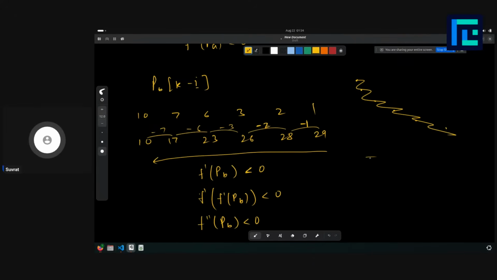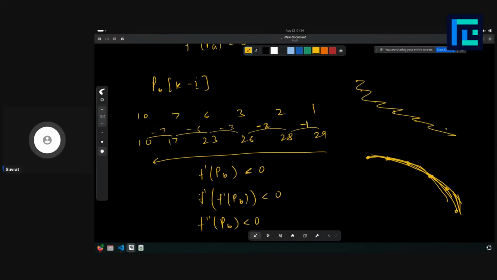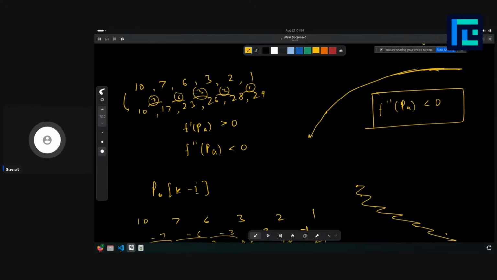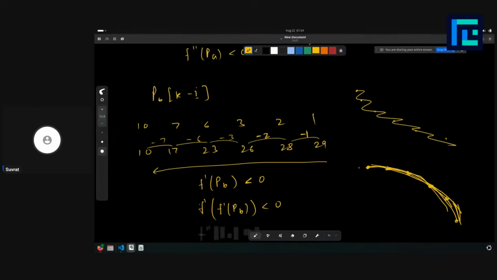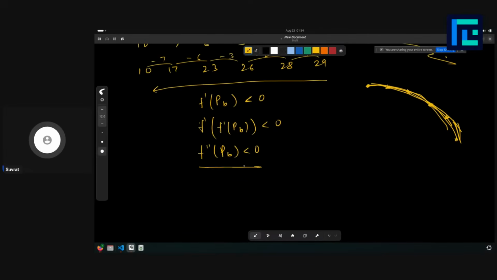So it would look like this. The rate at which the value decreases would increase. So this function and this function have basically the same concavity, and the double derivative is negative.